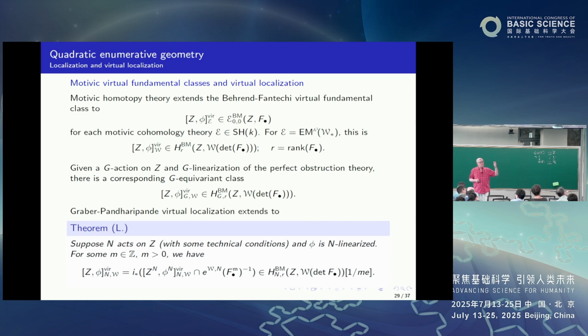I should say that these methods of constructing the virtual fundamental class from a perfect obstruction theory go through in complete generality for any motivic theory that we discussed right at the beginning. So there's no problem with that. And the localization theorem works very well, at least for the Witt cohomology. So my former PhD student, Alessandro D'Angelo, extended this to a wide class of theories. It's not just for Witt cohomology.